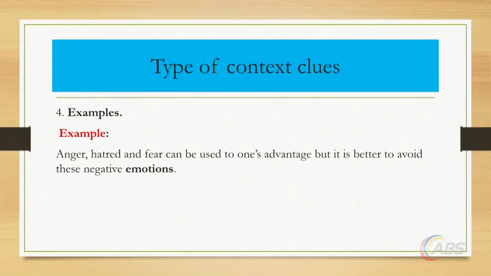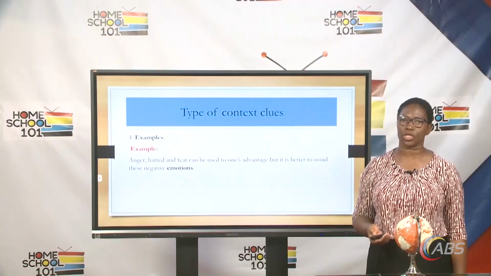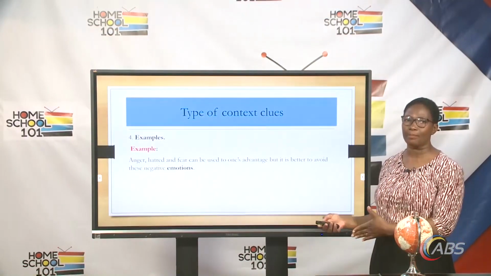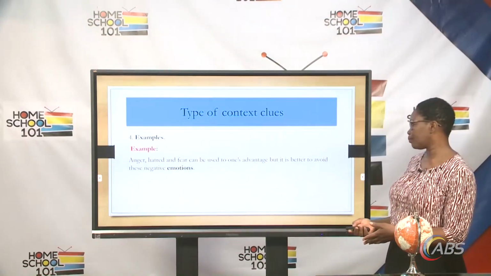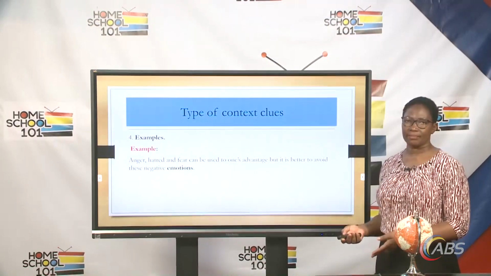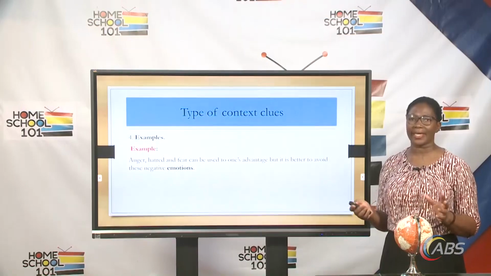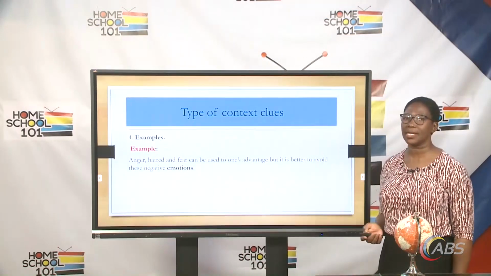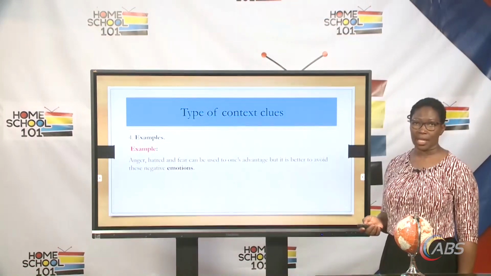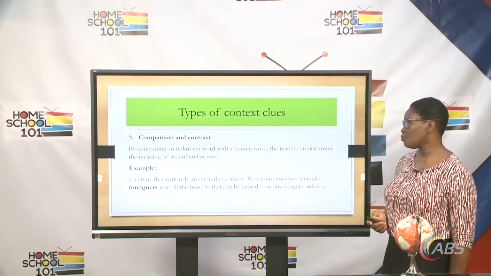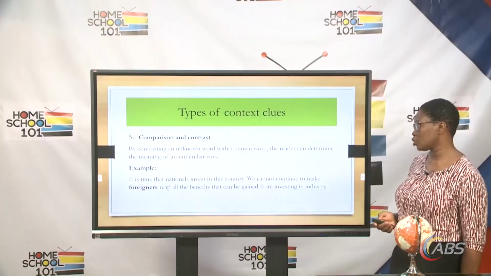Now, suppose you did not know the meaning of the word emotions, but the context, the examples of different types of emotions, anger, hatred, fear, that gives you an idea of what the writer is talking about. So, that was our 4th context clue. Let's move on. Comparison and contrast.